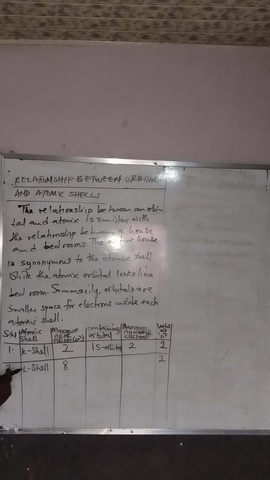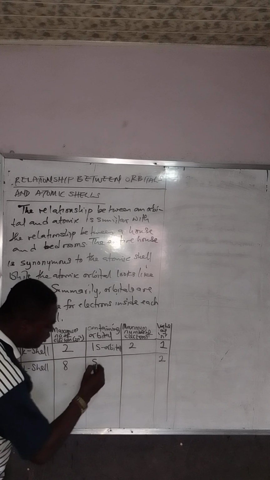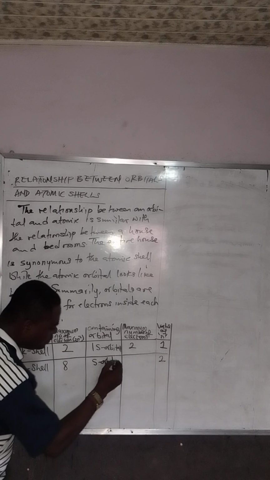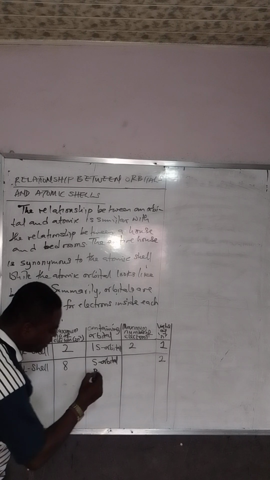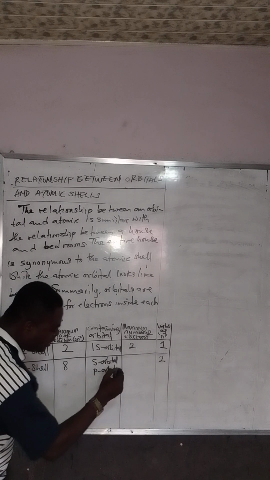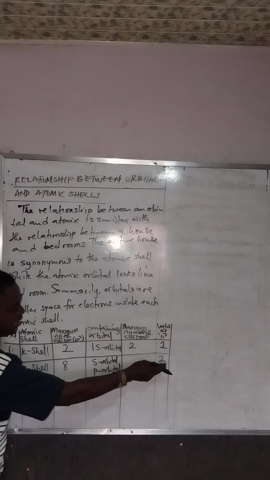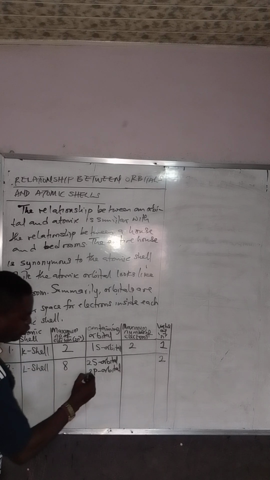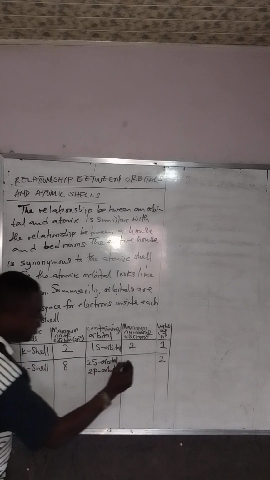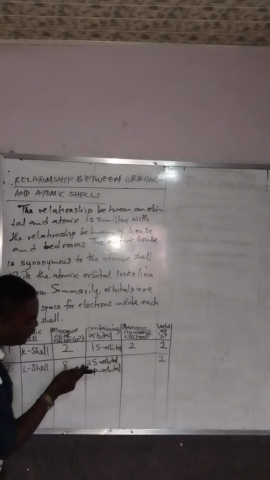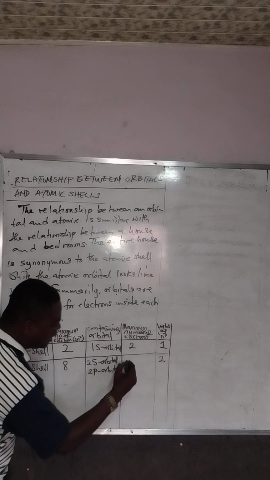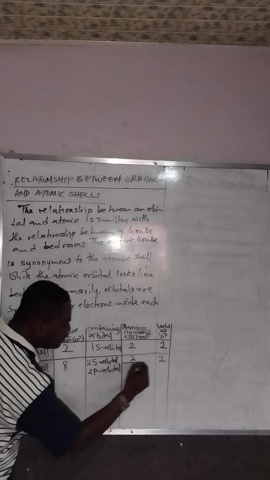Now, L shell contains s orbital and p orbital. But what is the coefficient? It's n, which is 2. It contains 2s and 2p orbitals, and any s orbital, whether 2s, 3s or 1s, can carry a maximum of 2 electrons.